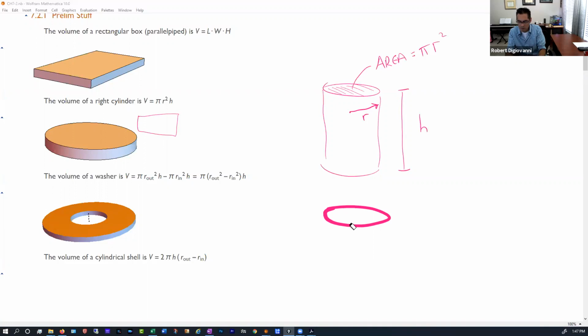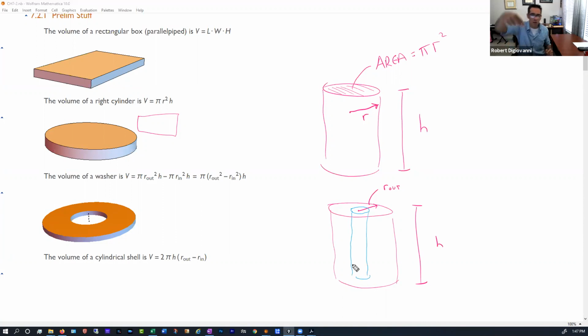All right, so imagine we have a cylinder that has a radius, I'm going to call that radius r out, and a height of h. But then I have a smaller cylinder inside of it that I'm going to cut out of this. So it's almost like I'm going to drill a hole down through the middle of this can.